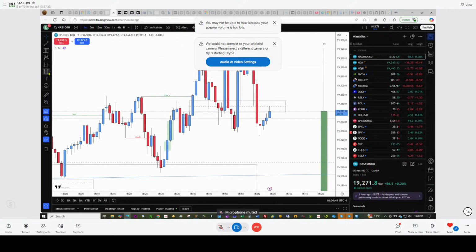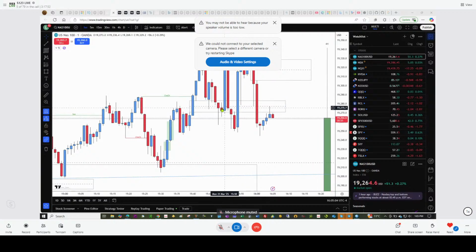Right now, we're either going to come through this gap and continue higher one more time to take out the highs, or we come into this gap to continue down. We do have another inverted gap here, but this is a low inverted gap.